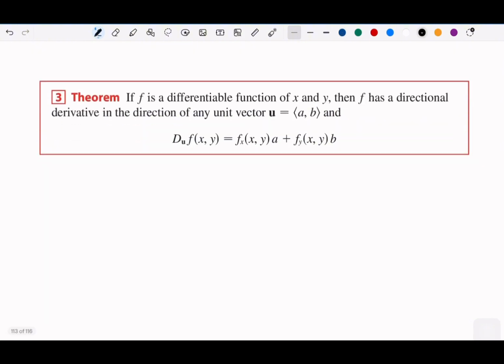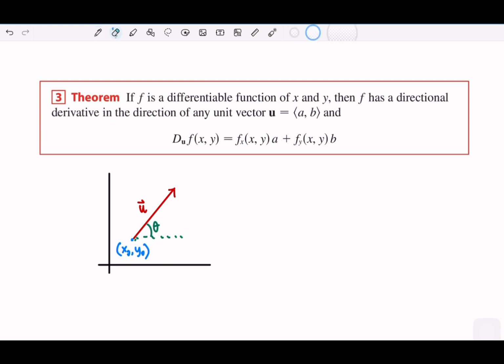If you imagine the vector supposed to be, let's say, this is u, and let's say this is at theta. This is x0, y0. And since you have a cosine and sine, you can have two components, and you can have projections, right?